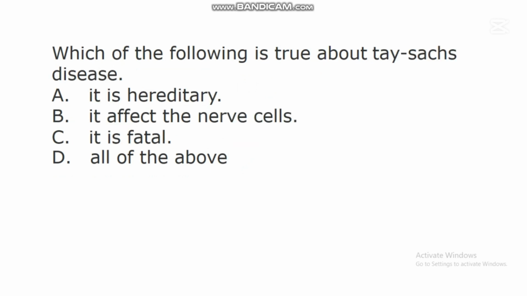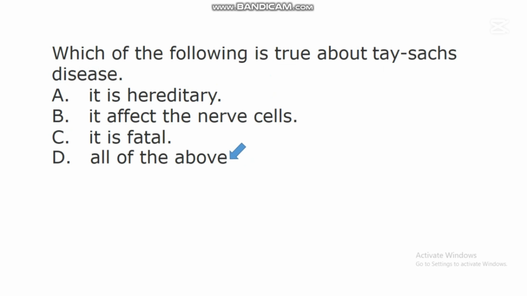The next question says, which of the following is true about Tay-Sachs disease? A. It is hereditary. B. It affects the nerve cells. C. It is fatal. D. All of the above. In this question, the correct answer is D. All of the above. There is another genetic disease known as Tay-Sachs disease.